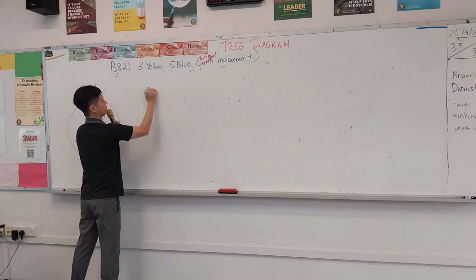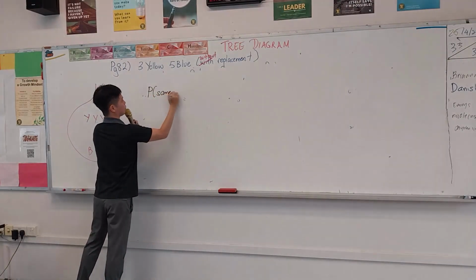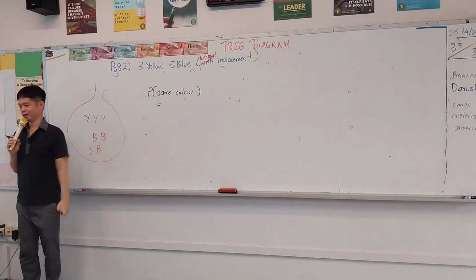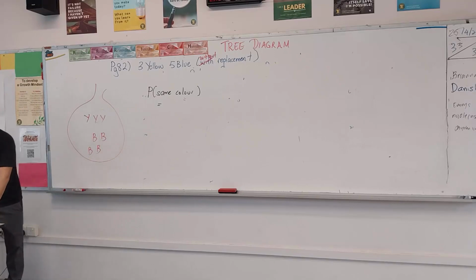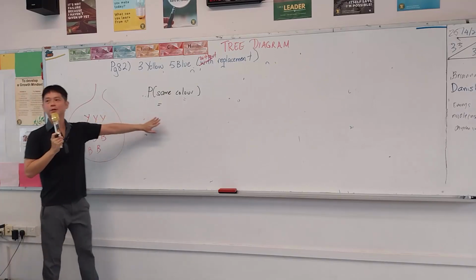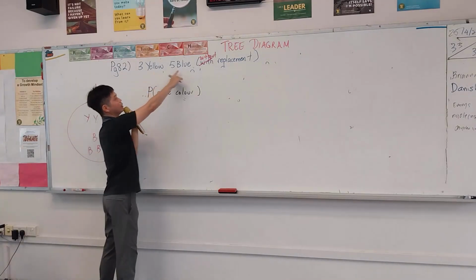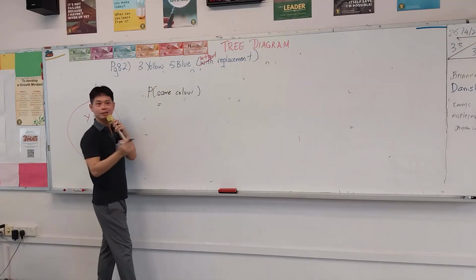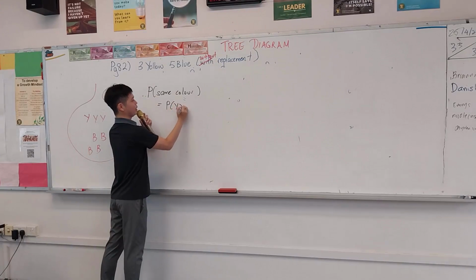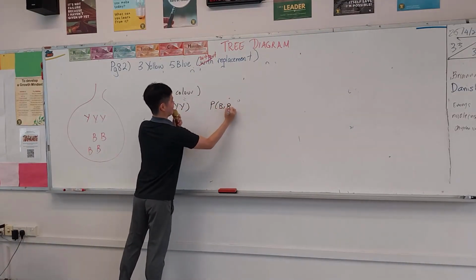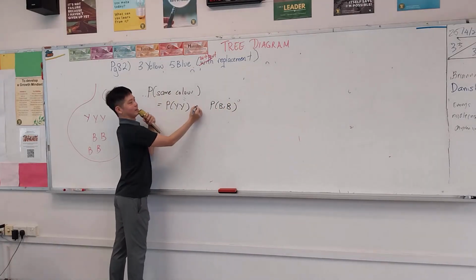We are going to do the whole question without the picture. What's the probability that it is the same color, without any picture? Okay, let's start. What are the possible scenarios? Same color: YY or BB. What's the word here?